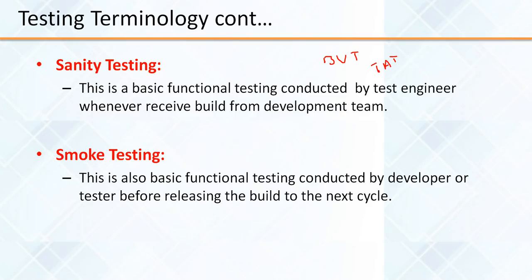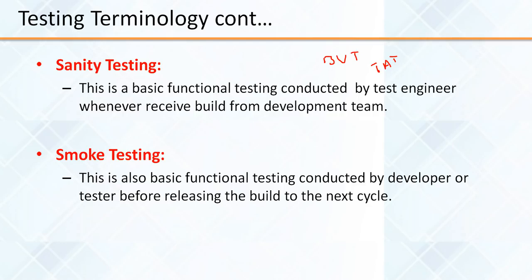As soon as we get the build from the developer, it should be stable. It should be installable in our environment, basic screens should appear, and navigation should work. Only then can we execute our test cases. So the main intention of these testings is the stability of the build, and we need to make sure the build is stable after installing in our environment.